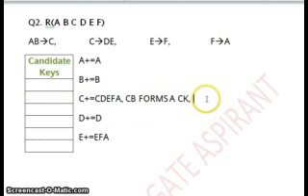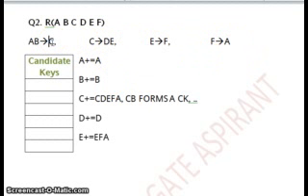Now things start becoming a bit easier for me. What step did I tell you? Now CB, C and B are the prime attributes. So our step would be to search for C on the RHS of the given functional dependencies. Do you find any C? Yes, this is a C. So what do we need to do?